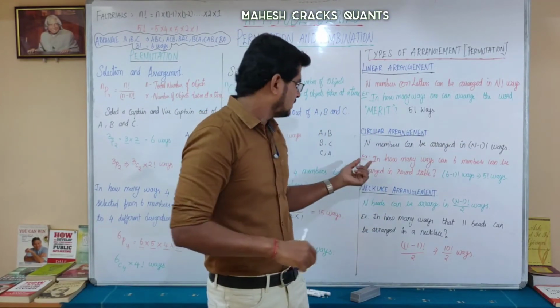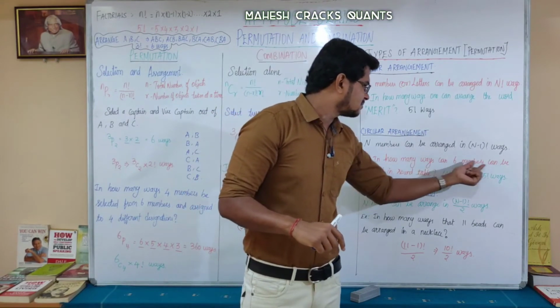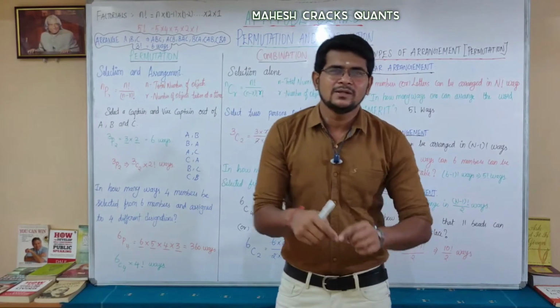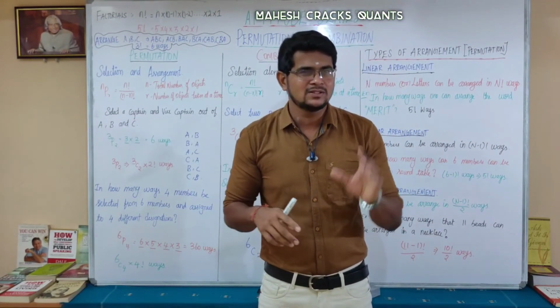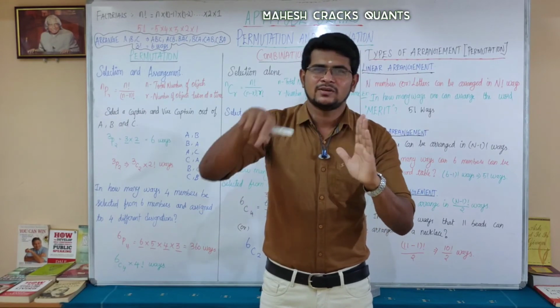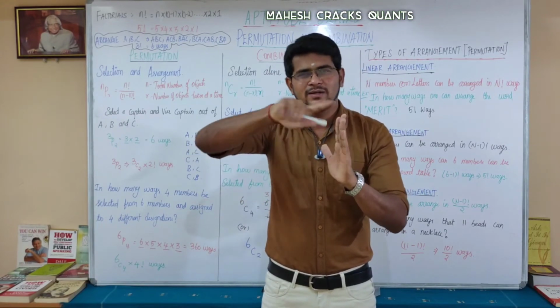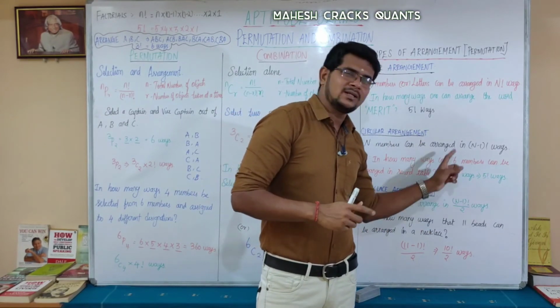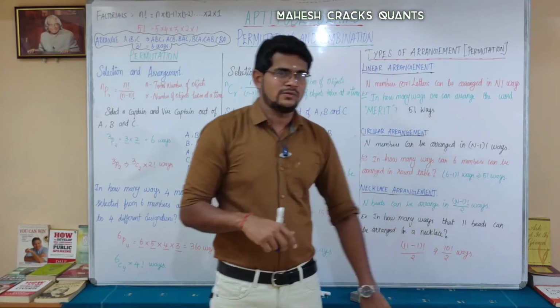Here, in how many ways can 6 members be arranged at a round table? You have to fix a person. So how many people remain? 5 members. You can arrange those 5 members. So 5 factorial is the answer, which is nothing but 6 minus 1 factorial.